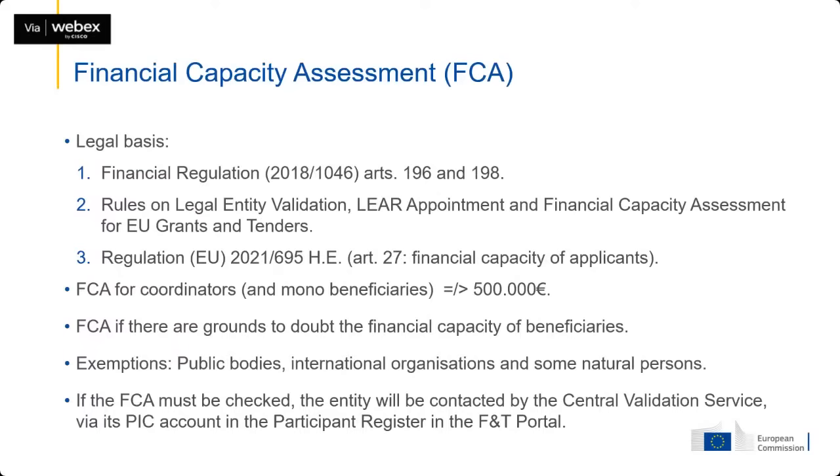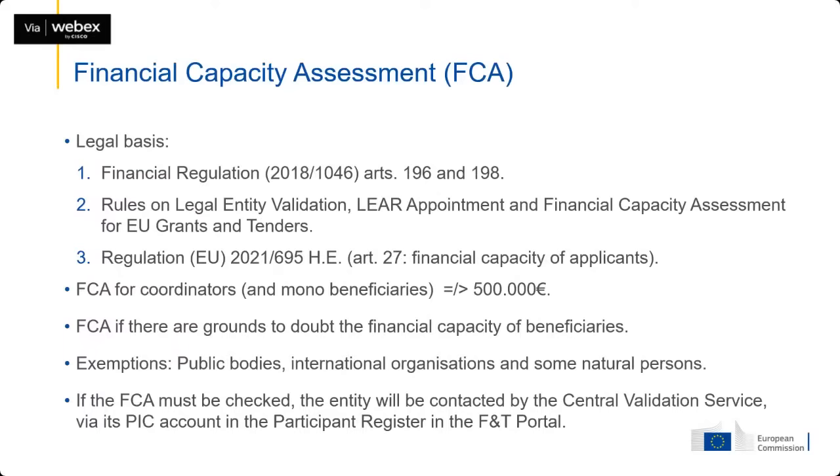These rules are available on the funding and tenders portal, but you will find also a link at the end of this presentation. Then we have also the Horizon Europe regulation, established in its Article 27, the entities that are subject to financial capacity assessment.